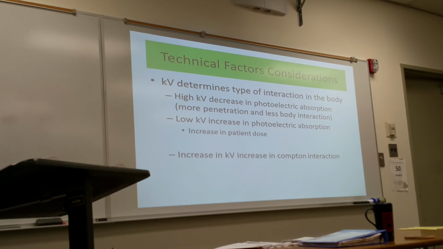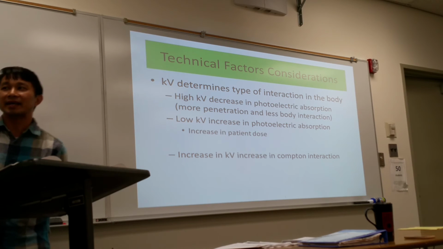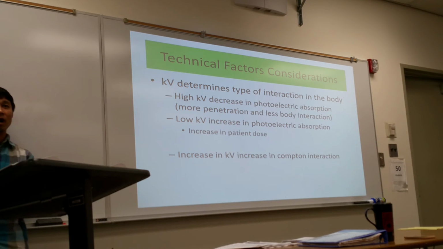And then technical factors to consider. kV determines what type of interaction occurs. Having high kV usually decreases photoelectric absorption because most of it goes through the patient, so more penetration and less body interactions. However, it then produces a lot of Compton interactions after you go through the patient to the film.